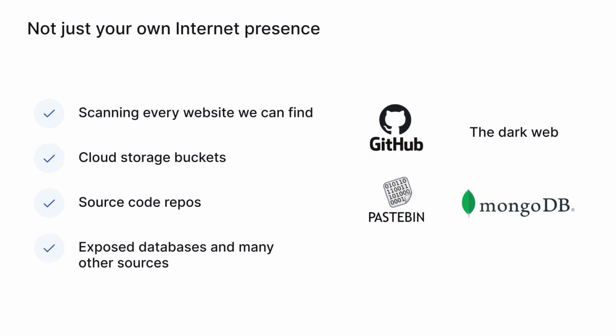We're scanning every website we can find, cloud storage buckets, source code repos like GitHub, the dark web, Pastebin, exposed databases like MongoDB, and many other sources. Our search engine will often find thousands of results for a customer and does a very good job of automatically classifying these to determine the ones that are potential problems. Our researchers review these potential data leaks and only notify our customers once they've confirmed it's a problem. We then work with the customer to help shut down the threat.